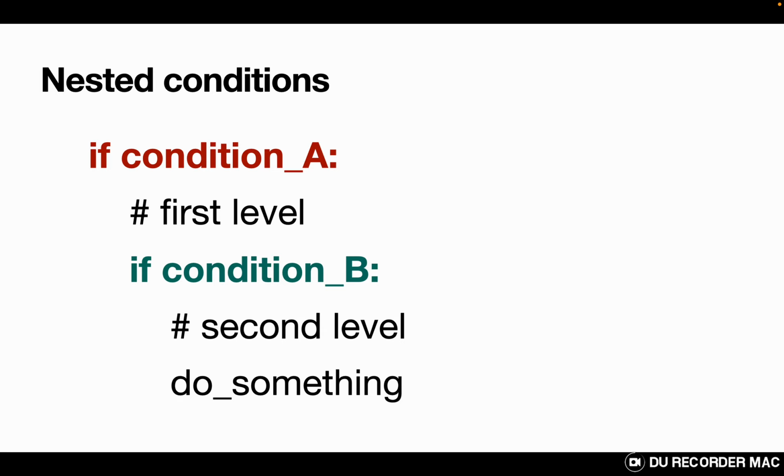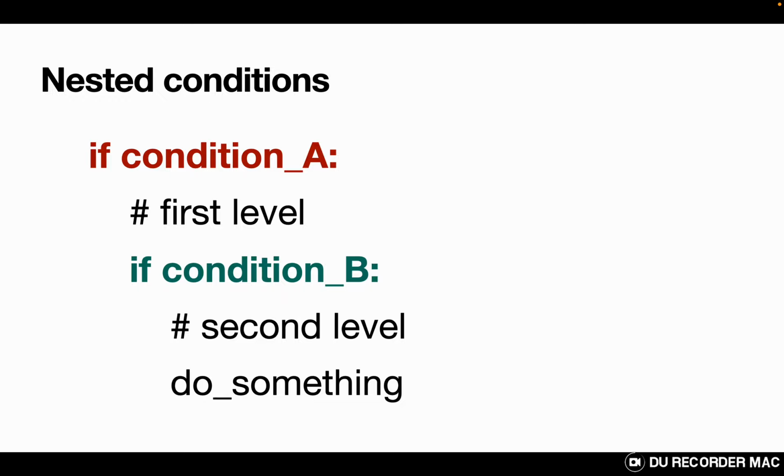so how does Python know what belongs to which condition? The answer is the indentation. Code inside the first if is indented one level, usually 4 spaces or some fixed number of spaces.